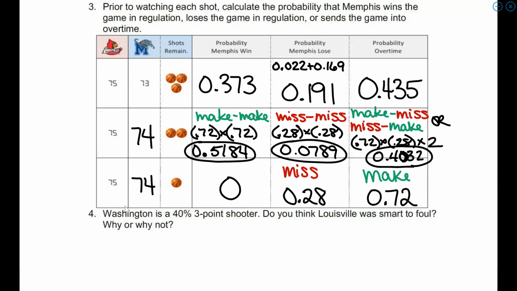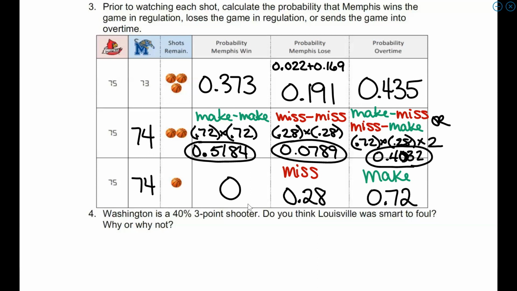If Louisville does foul him, what were the potential options there? Win or tie.